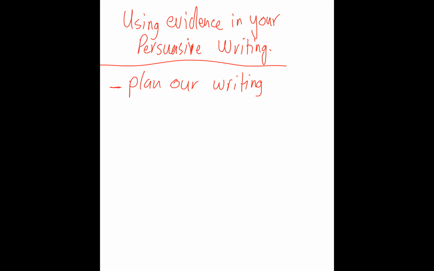So the first thing we can do, back on track, is plan our writing. Instead of just going straight in and writing your paragraph, you can actually make a plan about it.